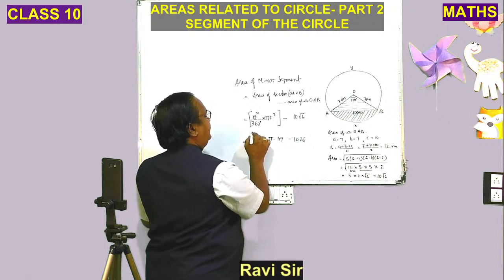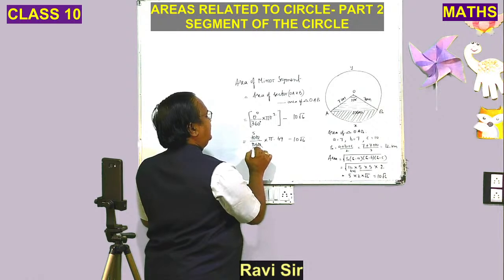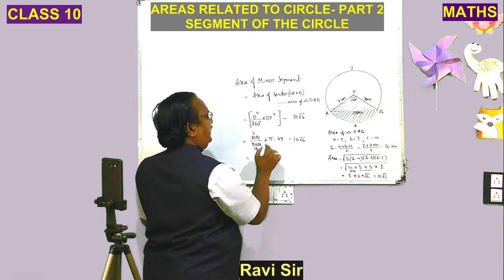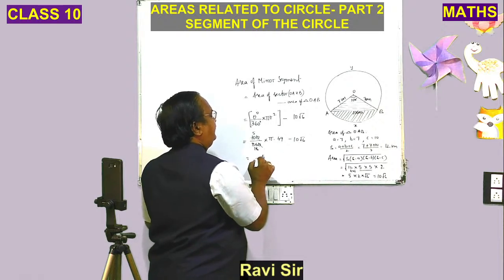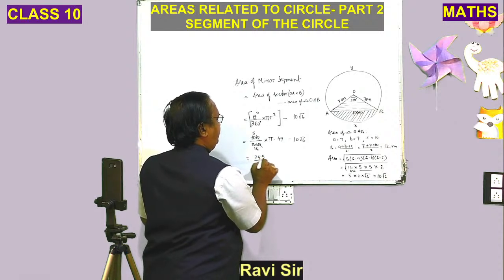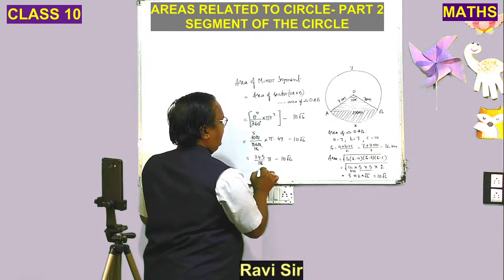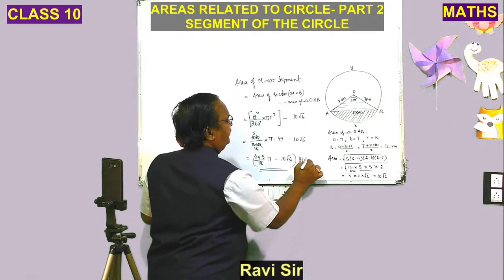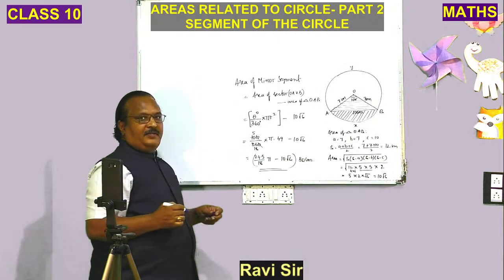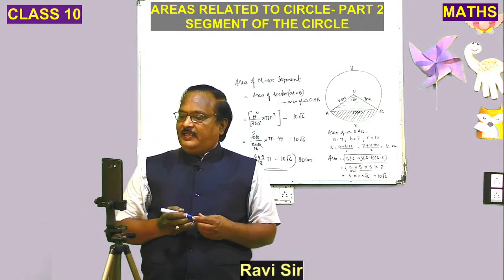So, this is 5 and this is 18. 5 9s are 45, so 245 by 18 pi minus 10 root 6 square centimeter. I am not giving you the final calculation.